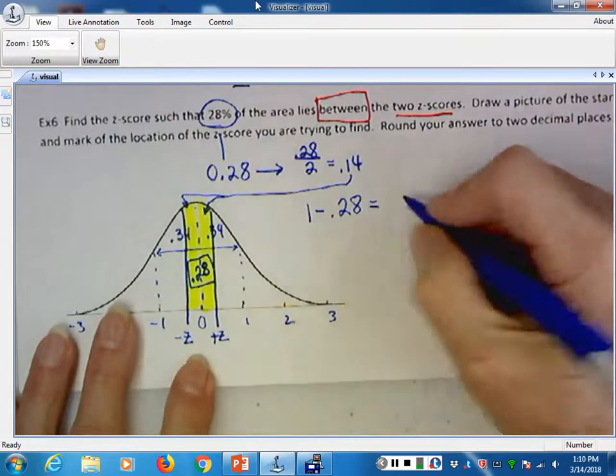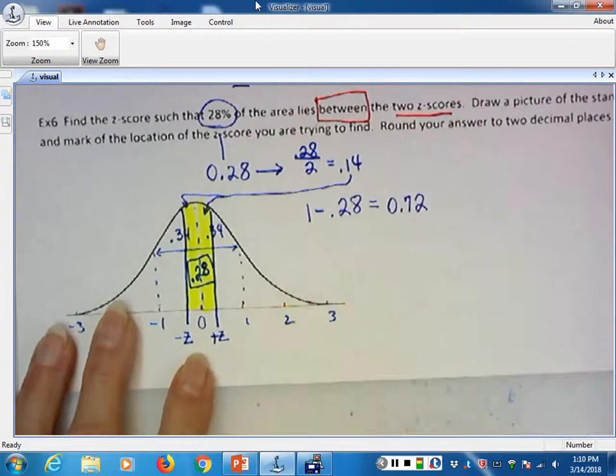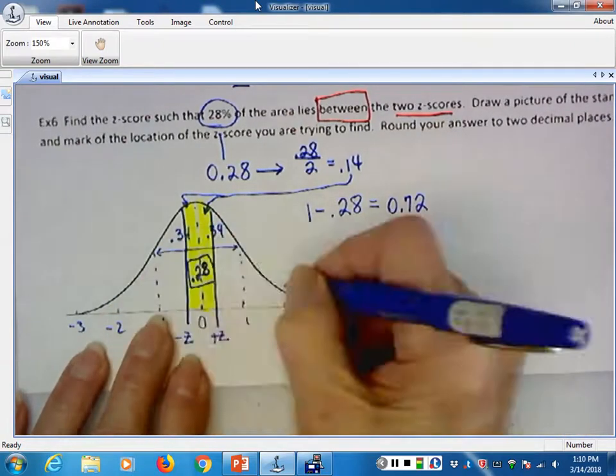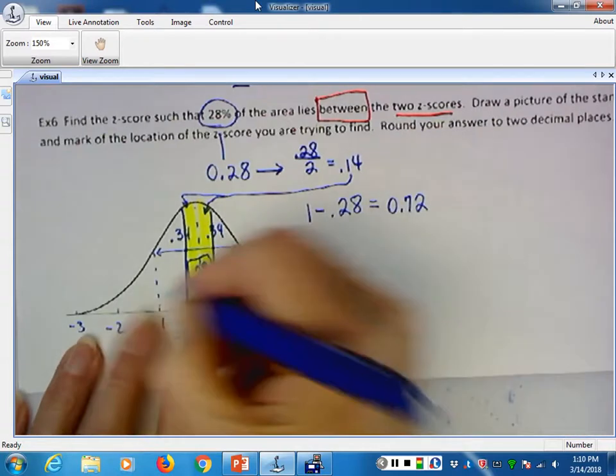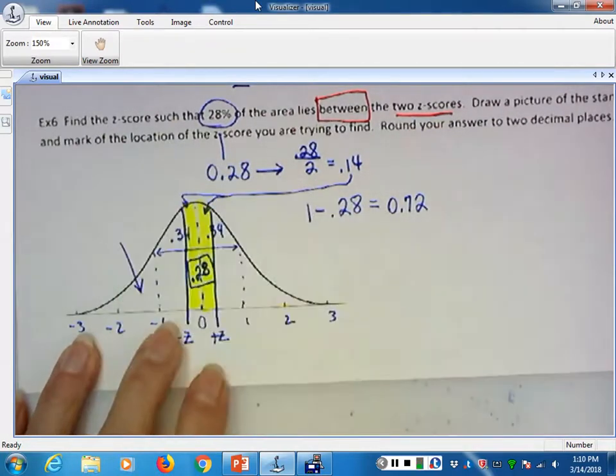Okay? You can use your calculator to do the arithmetic. So that's 72%. That's the total of these unshaded areas, but I only need half of it. Because I need this part of it.